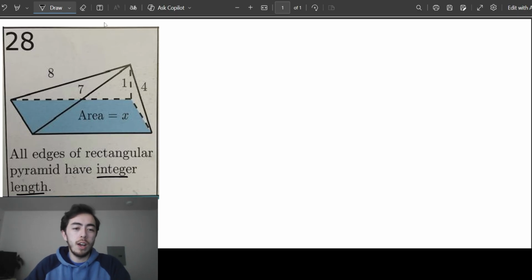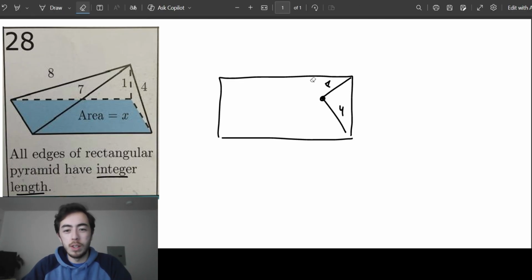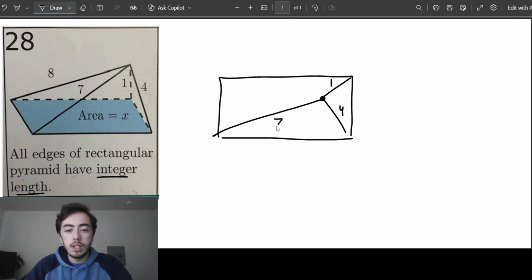And the issue, I'll maybe not prove, but explain geometrically. So let's take a top-down view of this pyramid. We're going to have a rectangular base. It's going to connect right here at the apex. Here's my length of 1. Here's 4. Here's the 7. And then finally, here is the 8.